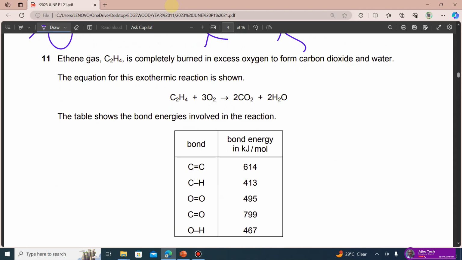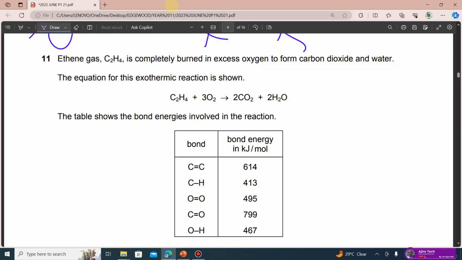Ethene gas is completely burned in excess oxygen to form carbon dioxide and water. The equation for this exothermic reaction is shown as seen there. Then you're given the table that shows the bond energies of the bonds that are likely to be there.